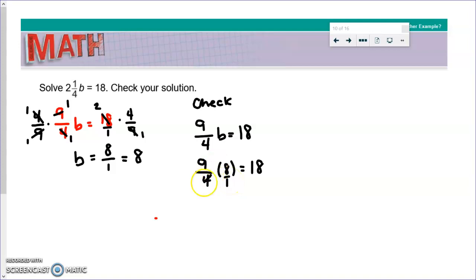And I can actually cross reduce to 1 and 2. Multiply across the top. 9 times 2 gives us 18. 1 times 1 gives us 1. And we end up with 18 equals 18. So we know our solution of B equals 8 is correct.